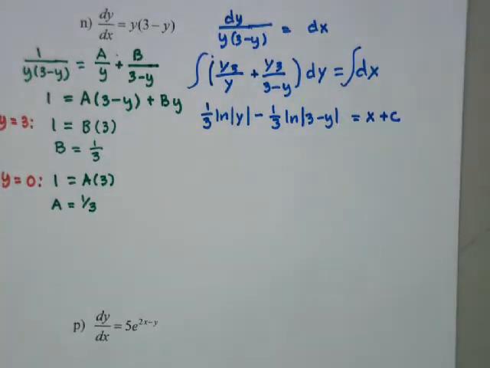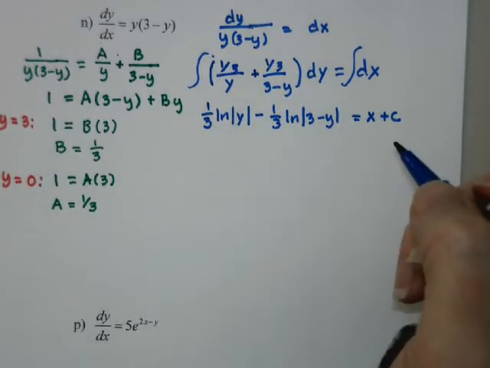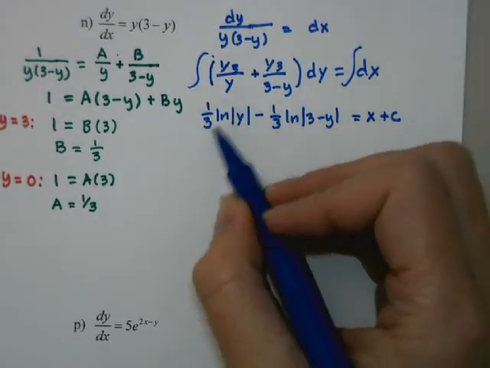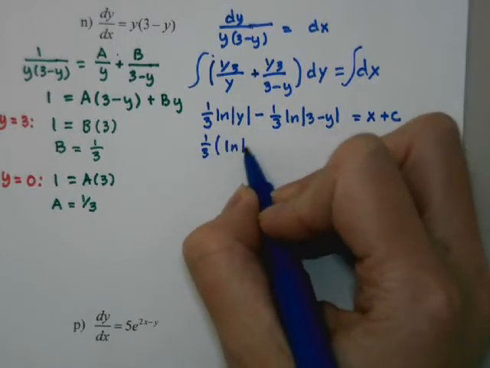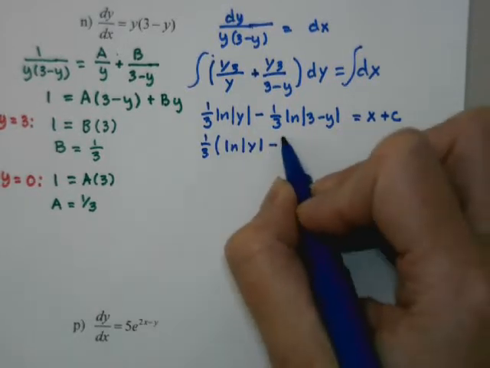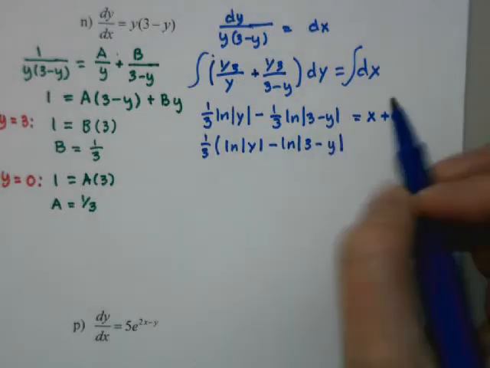All right, we've done the integral. We've done partial fractions to get that integral. Now we need to solve for y. Okay, so this is going to take some fancy algebra here. First, I'm going to factor out the 1/3, which will leave me with the natural log of y minus the natural log of 3 minus y.